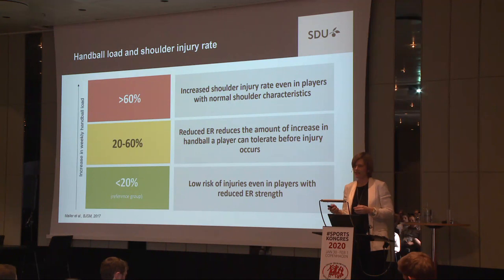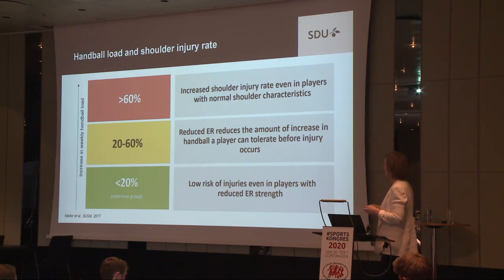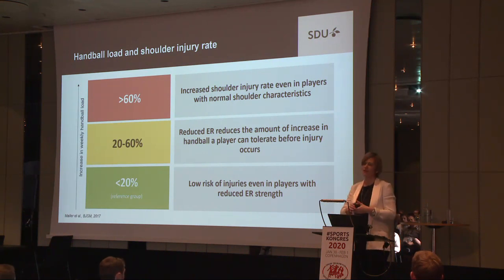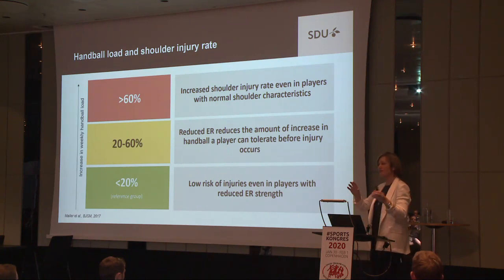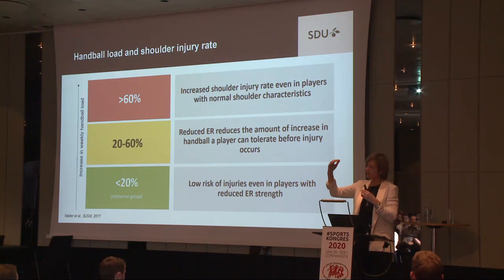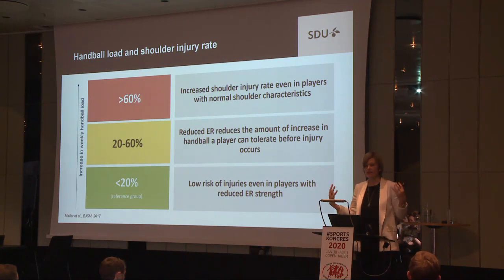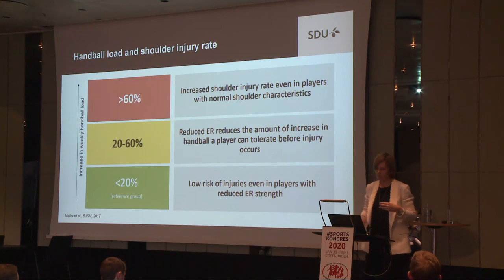So this indicates, with the limitations, of course, still in the study, that the training load is the primary factor in regards to development of shoulder injuries, and that the shoulder strength moderates the amount of training load a player can tolerate. So this means that we can intervene in 2 places. We can intervene on the load management, but we must remember that we also still can intervene on improving the function of the shoulder.